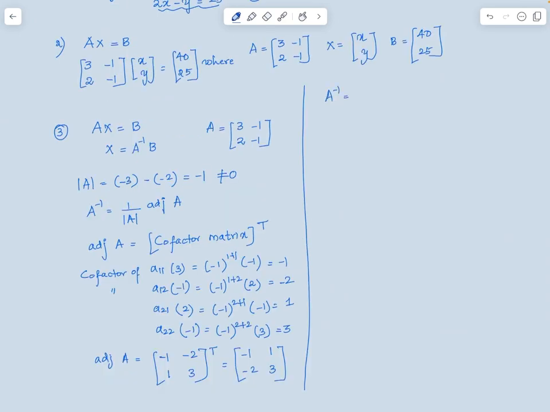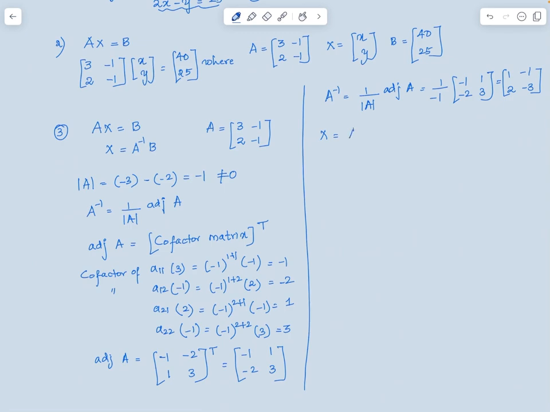A inverse is 1 by determinant of A times adjoint A, which is 1 by minus 1 times minus 1, 1, minus 2, 3, which becomes 1 and minus 1 on the first row and 2 and minus 3 in the second row.